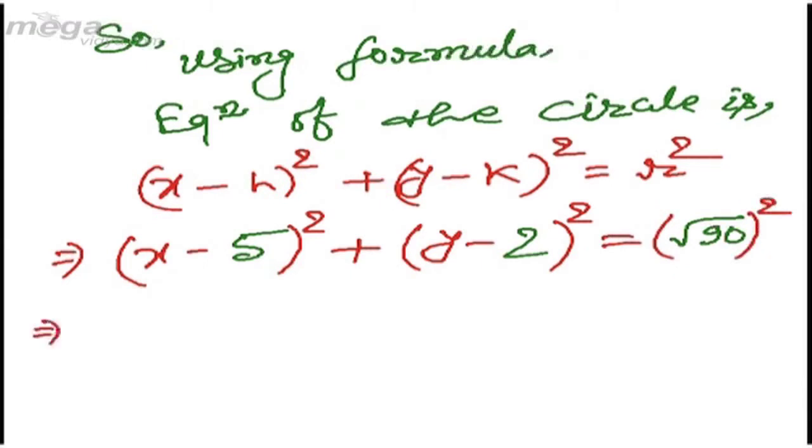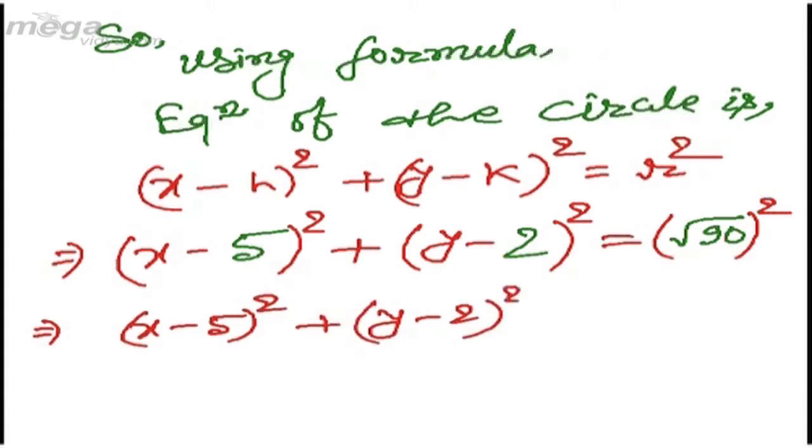Finally it becomes (x minus 5) whole square plus (y minus 2) whole square is equal to 90.